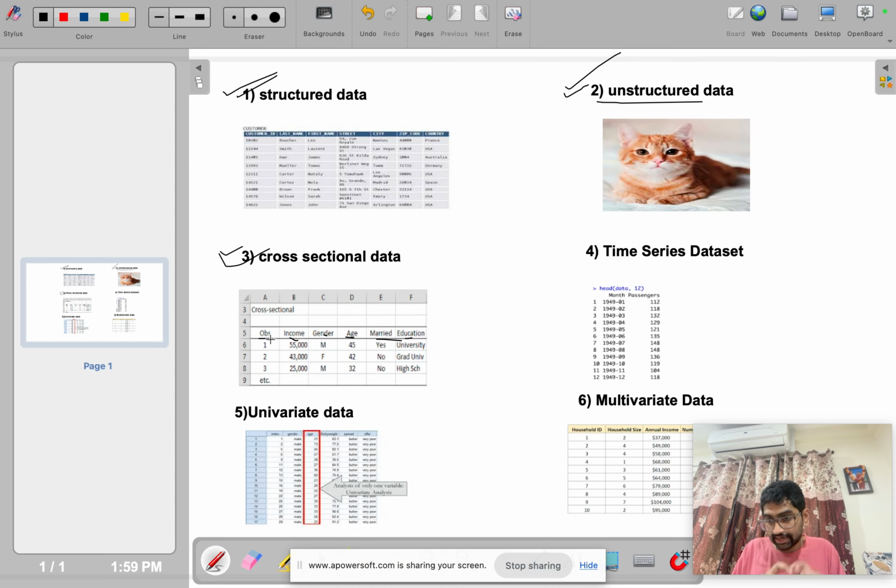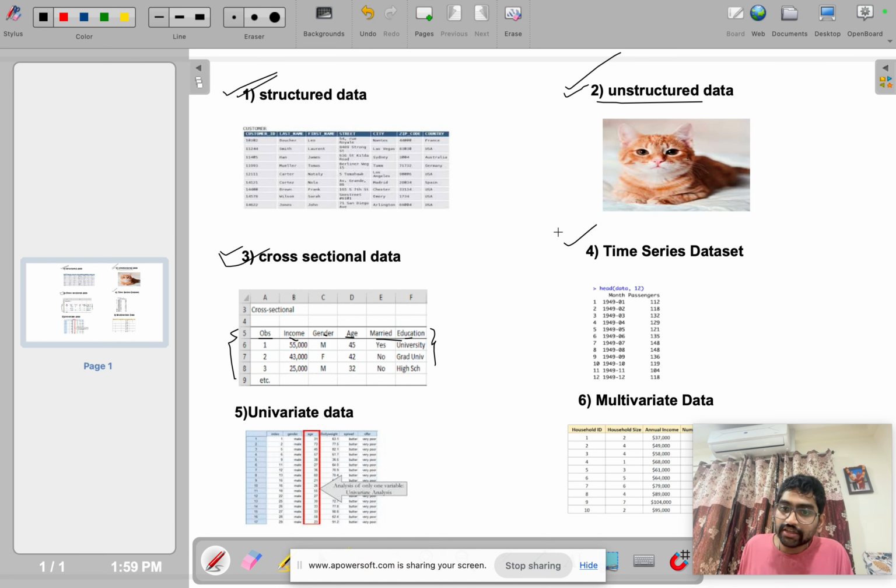The data which you can get in that particular instance of time is called cross-sectional data. You got all of this data at once. Once you downloaded the Excel sheet, you got all of this data at once. So this data is called cross-sectional data.